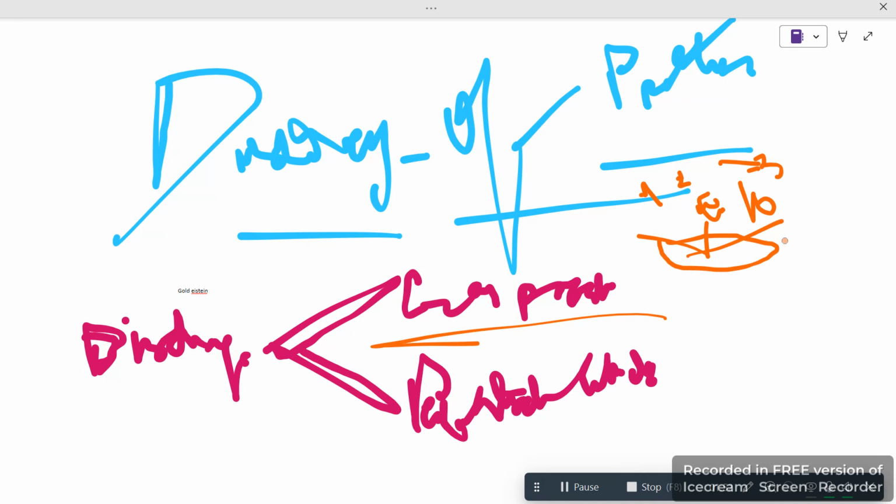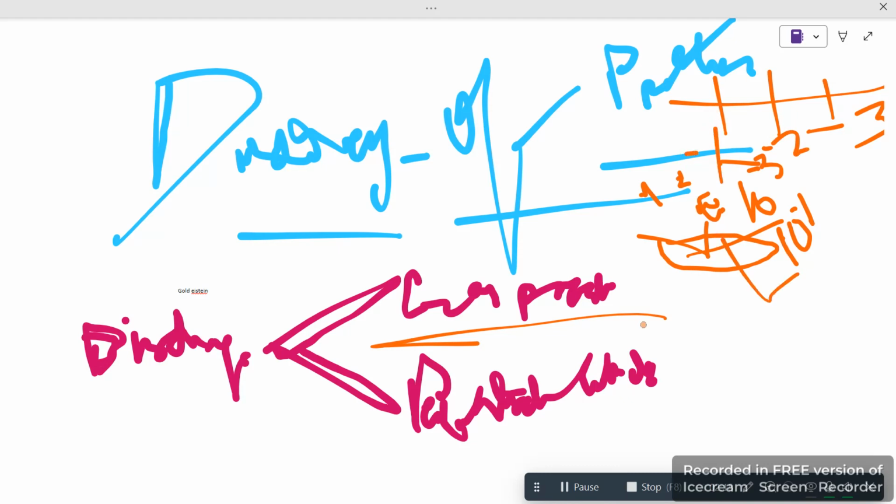So here we will increase the pressure, and it will become 10 power minus 1. You may think that's not a big difference, but it exactly is. Minus 3 would be very small, minus 2 is small, and minus 1 is still small but better than minus 3. So we increase the gas pressure.